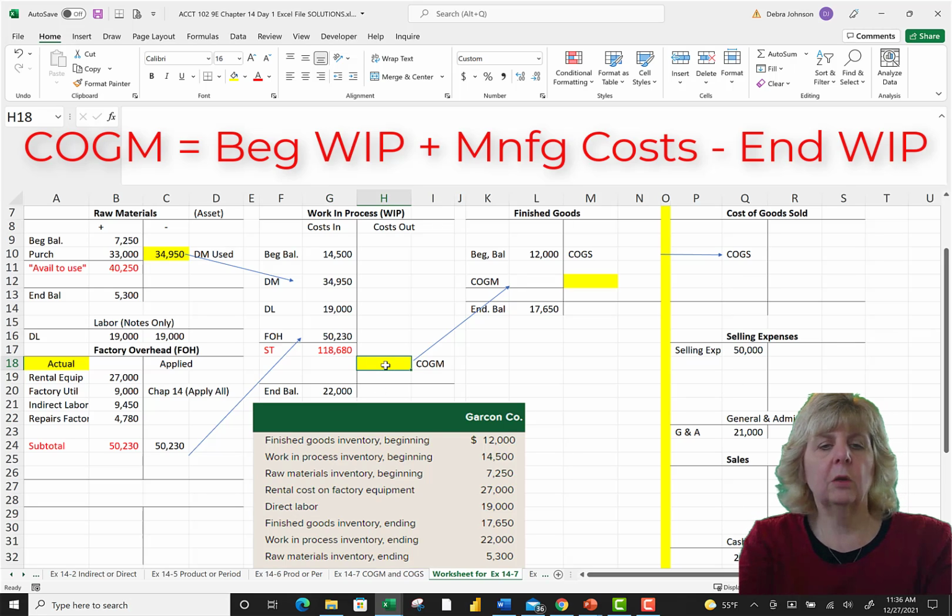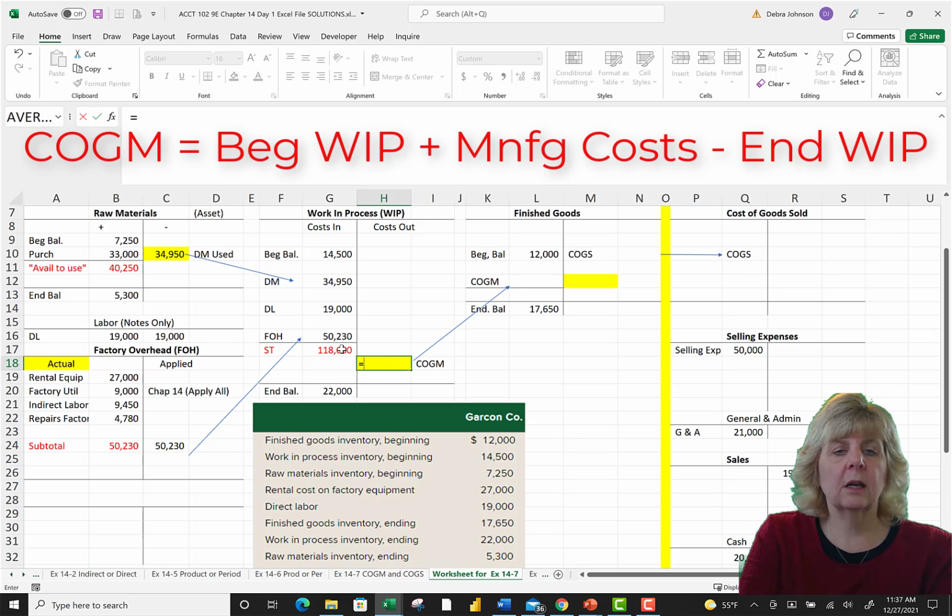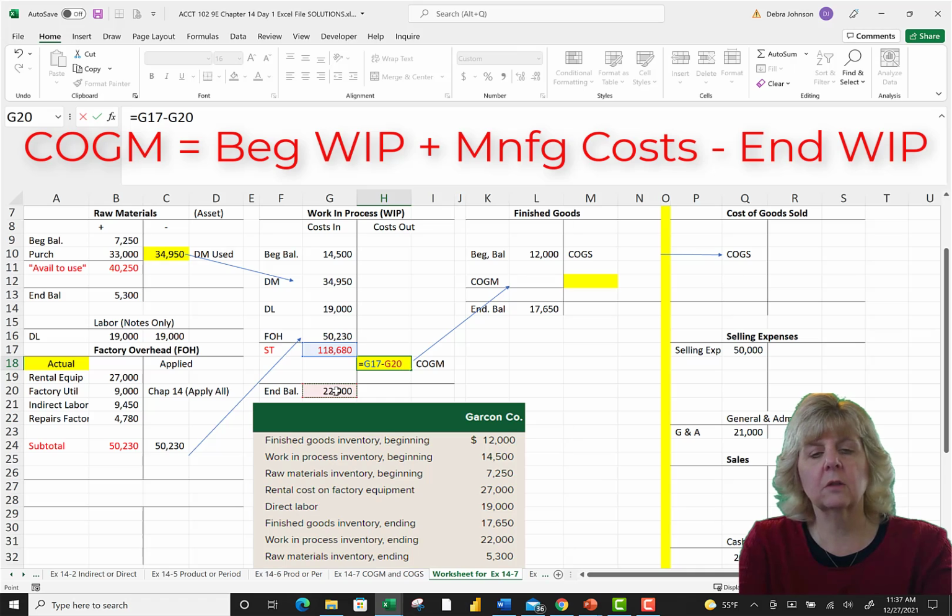Again, I'm going to use cell references in Excel. If you guys were using a calculator, you would take 118,680 and subtract out the 22,000 that are still left hanging around unfinished in WIP. So using Excel, I'm going to take the difference between those 2 amounts that I just described.